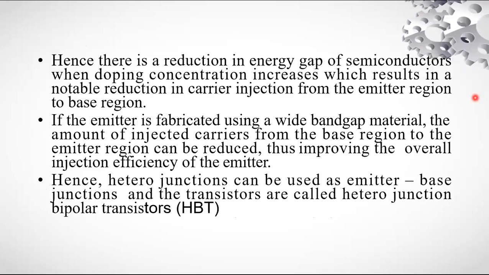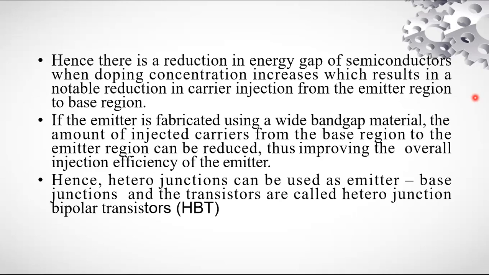Okay. So when the doping concentration increases, that results in a reduction in energy gap of semiconductors. And finally, we can observe a noticeable reduction in carrier injection from emitter region to base region.